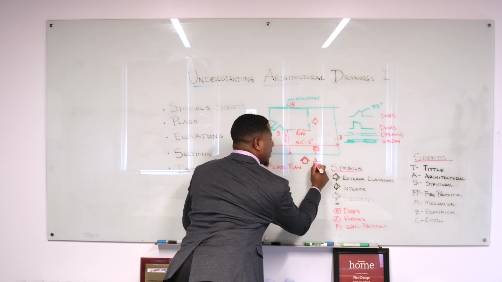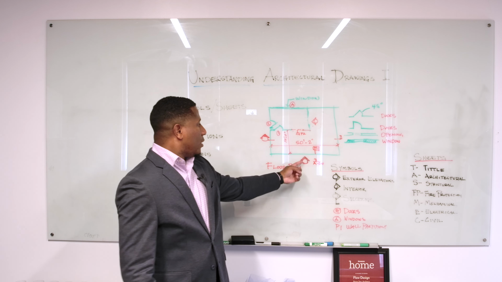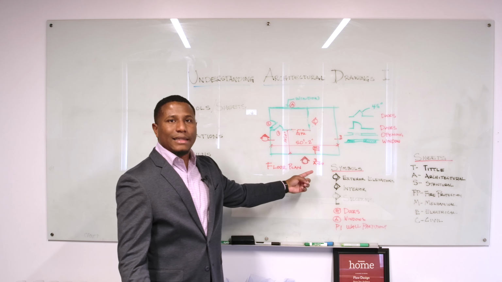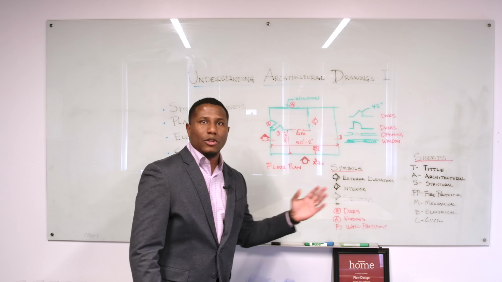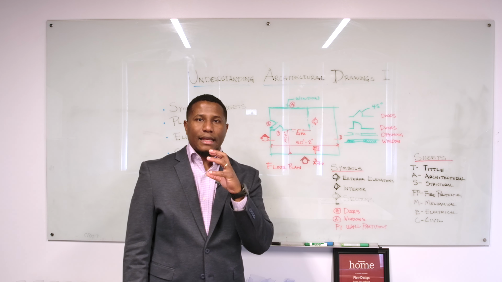on A200. When you see a symbol and you see a number in a typical title like A200, that means that this elevation is located in a different location within the set of plans.